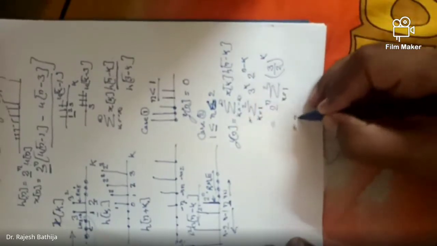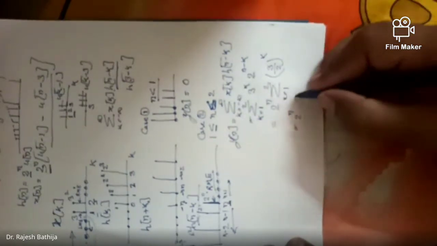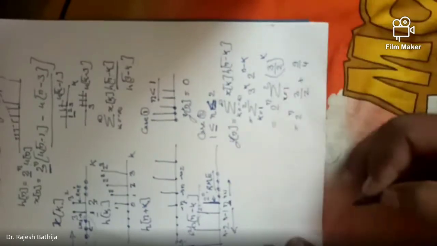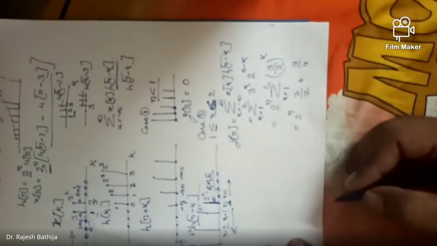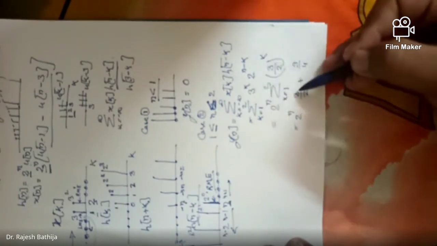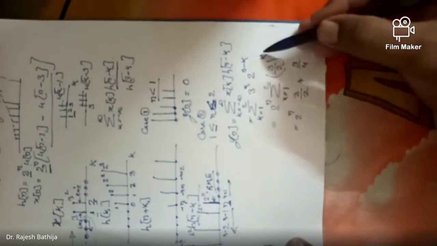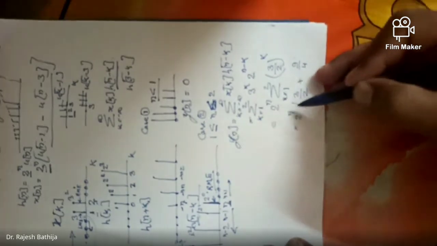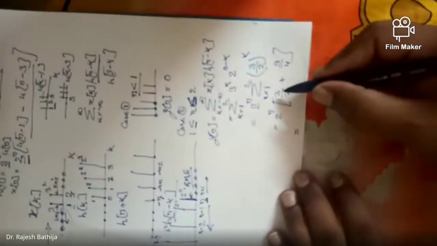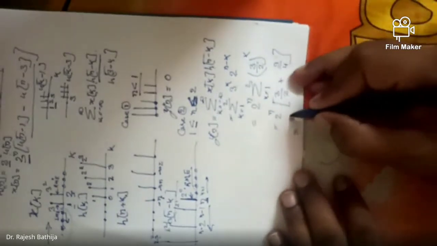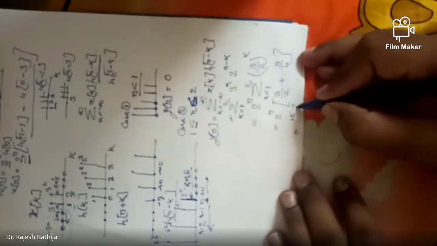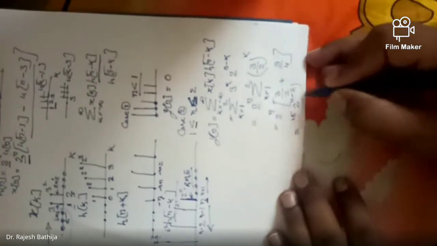And because there are only two values, I can simply sum it like this: 3 by 2 plus 9 by 4. Putting the values of k here, k equal to 1 if I substitute, it will be 3 by 2. K equal to 2 if I substitute, it will be 9 by 4. And then simply adding this gives us 6 plus 9, 15 by 4. And 15 by 4, I can write it as 2 raised to power n minus 2.